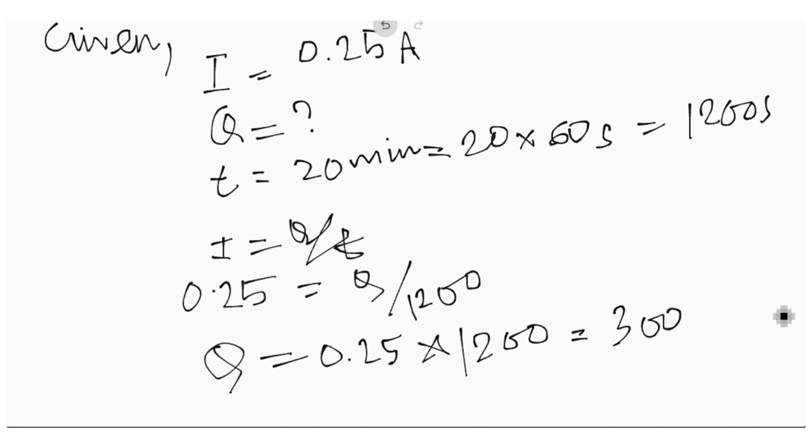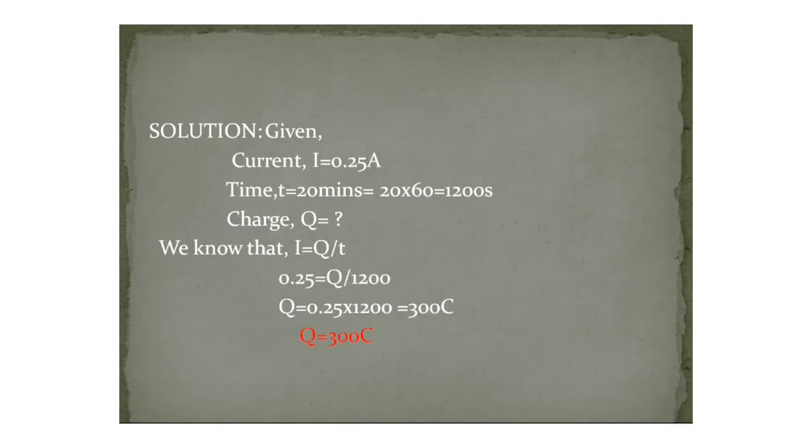So Q is 300, and the unit is coulomb. I hope you understood the solution to this problem. You can pause the video and note down the solution to this numerical.